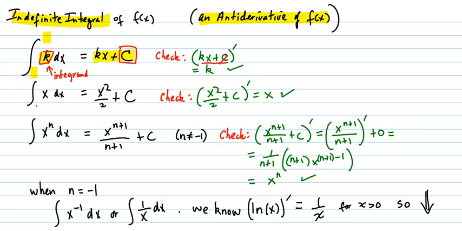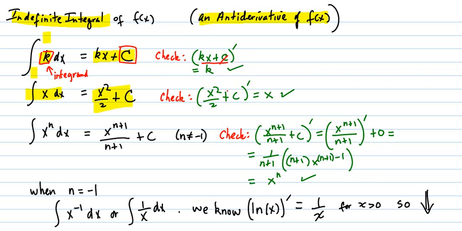Another example, the indefinite integral of x, in other words, the antiderivative for x, is just going to be x squared over 2 plus a constant. Why is that? Well, let's check it.